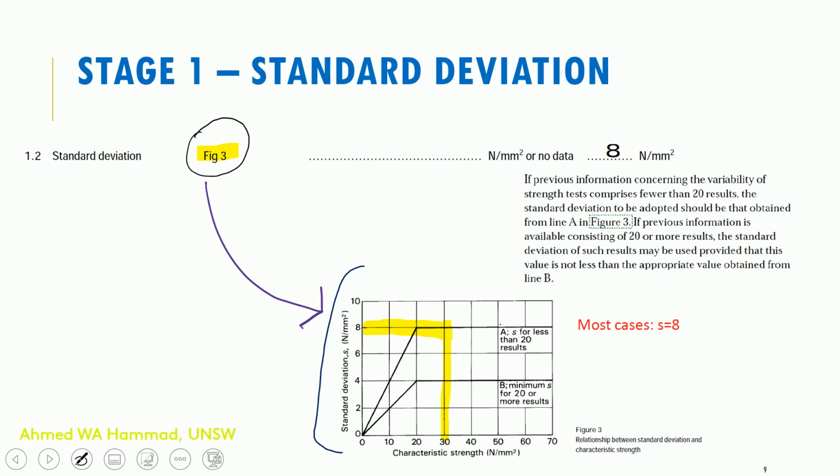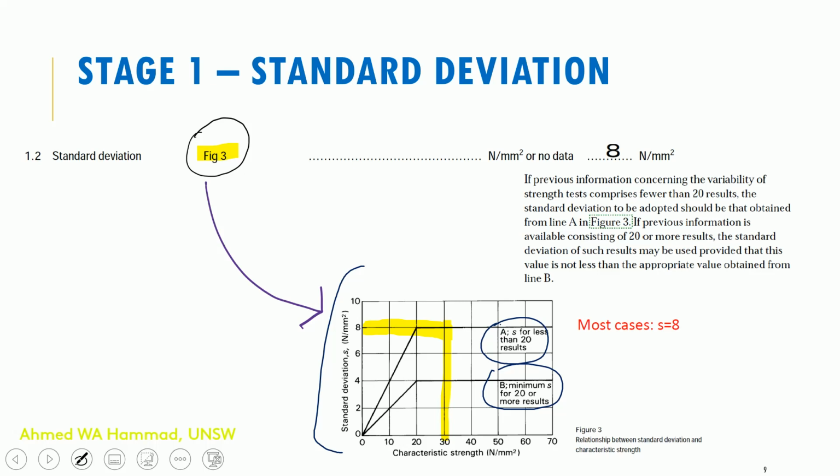Line number 1 is labeled line A. That's for cases where you have fewer than 20 samples. So if you had less than 20 samples from the concrete mix that you're trying to determine the standard deviation from, then line A is the line that you need to use. If you have 20 or more samples, then it's line B that you'd have to use.